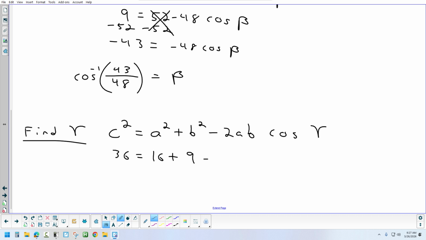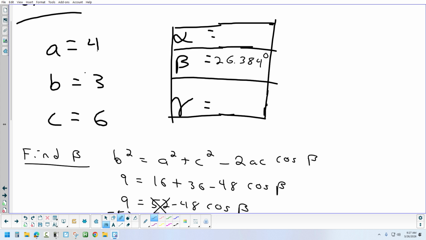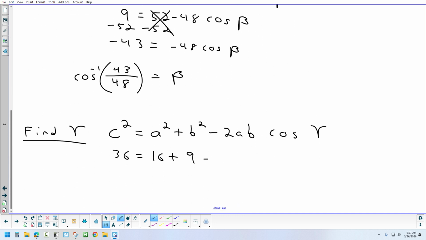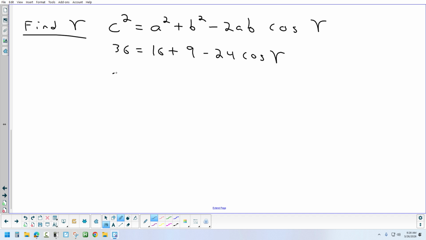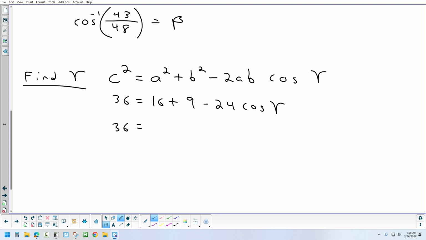2 times A times B. Okay. What's 2 times A? 8. And what's 8 times B? 8 times 3. 24. 24 cosine gamma. Okay, next up. 16 plus 9, which is 25.